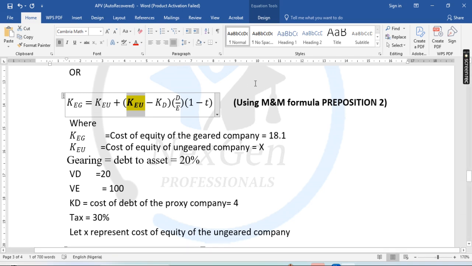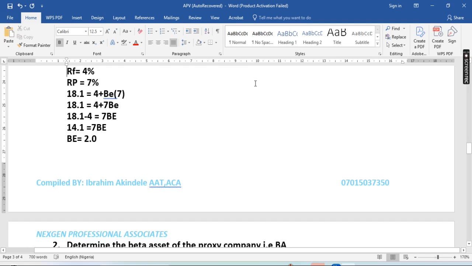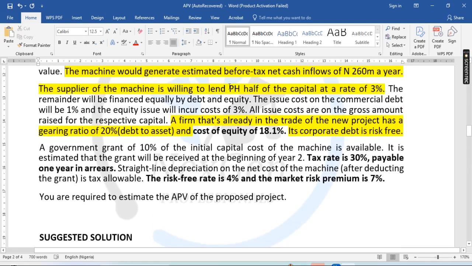Now, you made mention of the purpose of the risk-free, right? This is the risk-free, 4%. After they said the cost of equity is 18.1%, its corporate debt is risk-free.